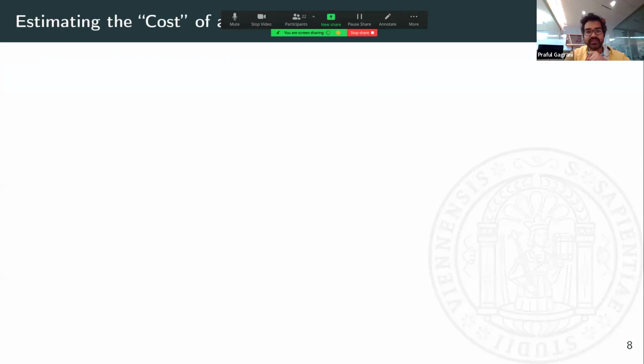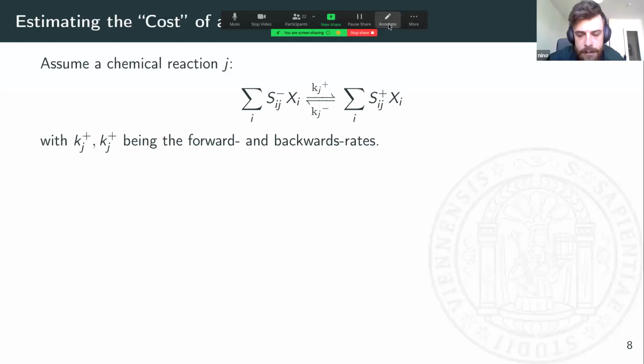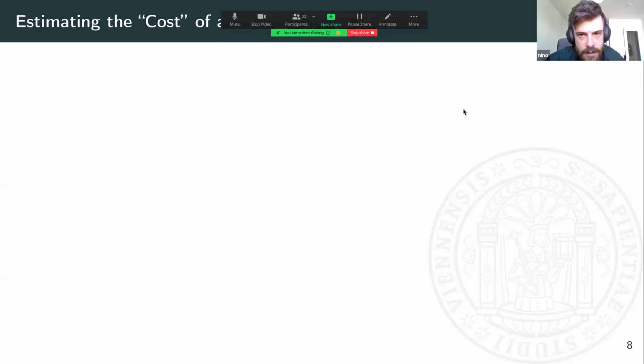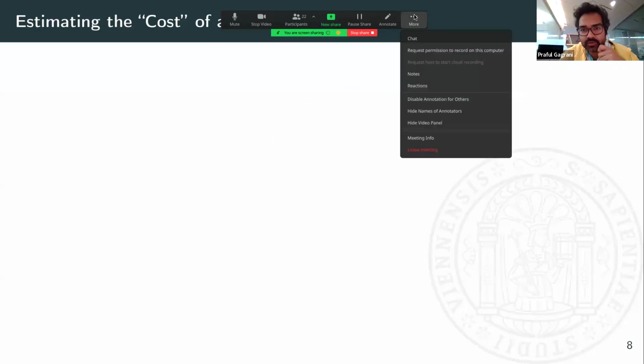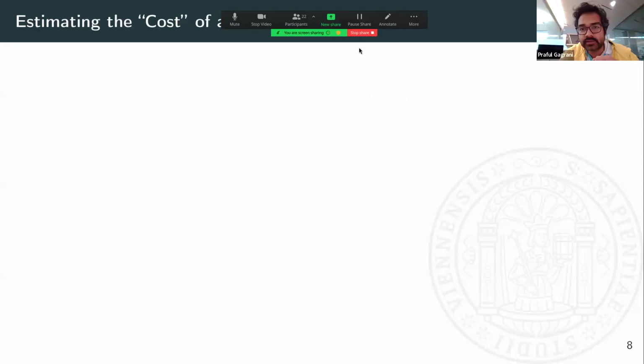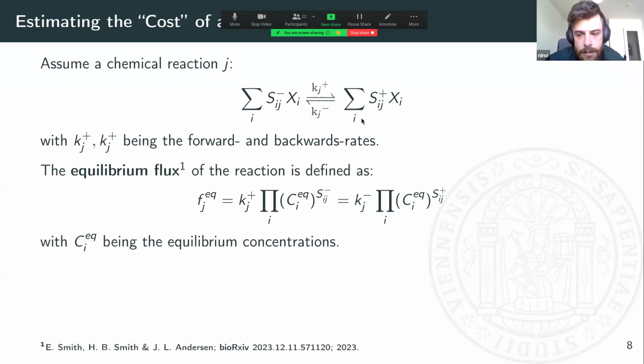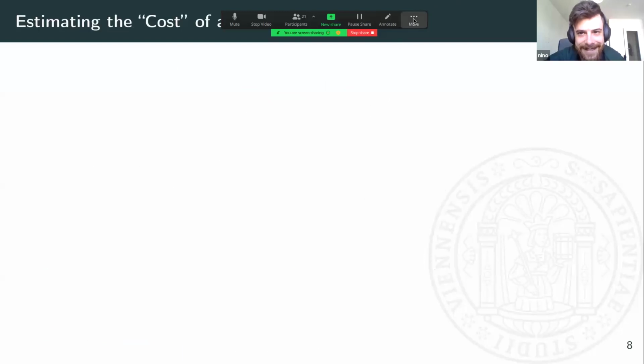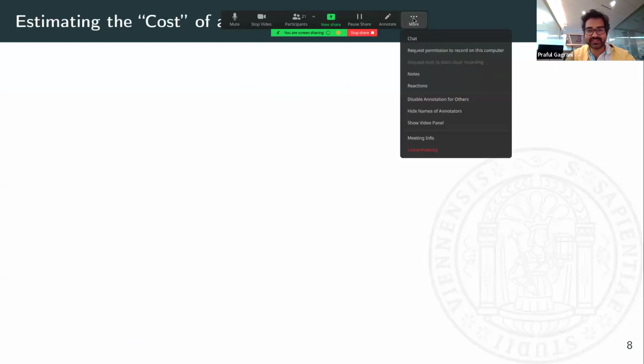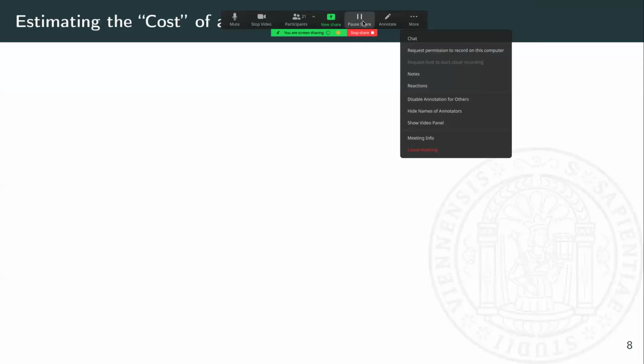Sorry to bother you again, but now there is another thing at the top of your screen which says you are screen sharing. Can you move that? Just because it's covering your title. That's the Zoom stuff. Hit the more, hide video panel, it's the third last command. Let's try that. No, I don't see that. Can you move it around? Hover your mouse around the green line and see what option it gives you.